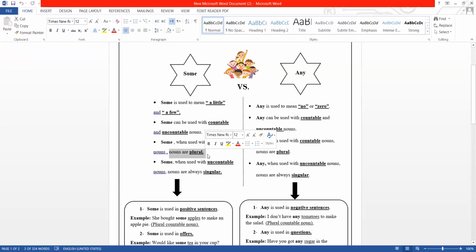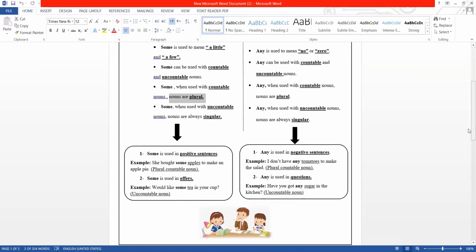Because we're talking about a bunch of things. Some, when used with uncountable nouns, nouns are always singular. Uncountable nouns do not have any plural form. They are always singular.